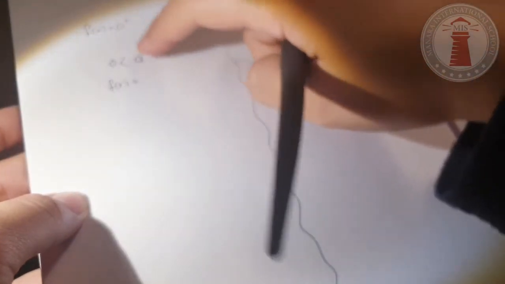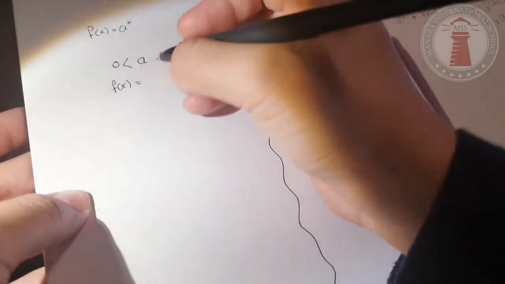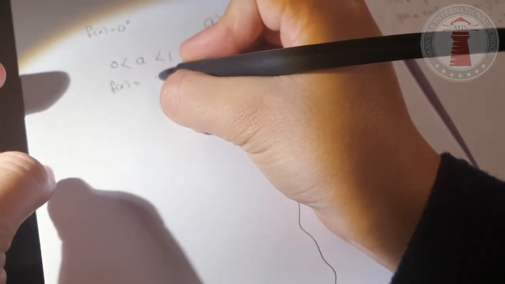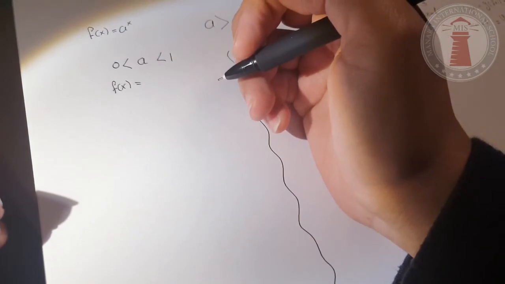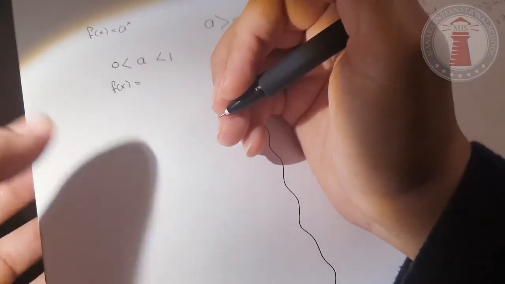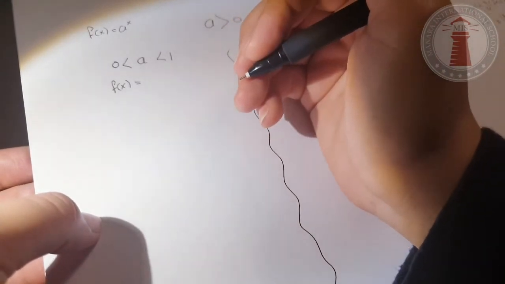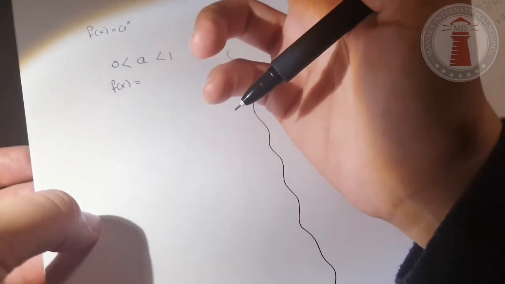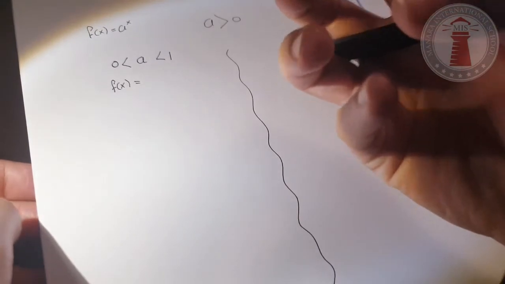Okay, so when a is between 0 and 1, that means we're talking about decimal numbers. If the base is a decimal number, now by common sense, a decimal number is up to a certain power. What will happen to this number? The number itself will be increasing, but what we'll be having is the value of this number is decreasing.